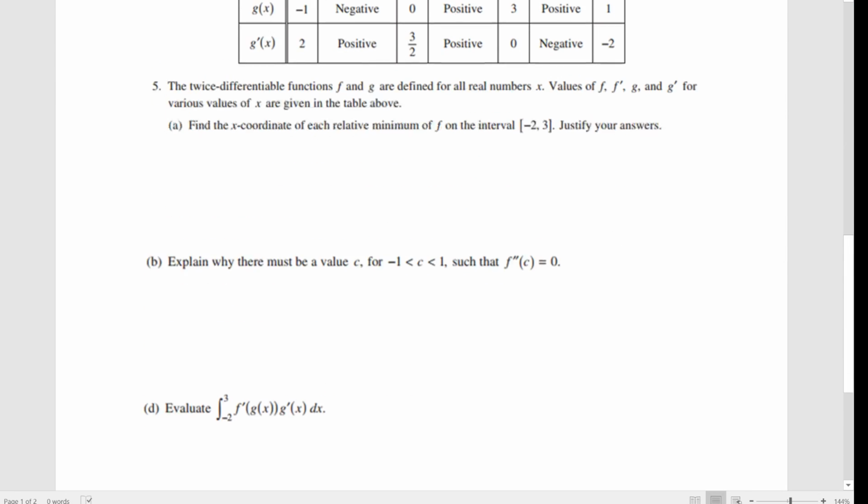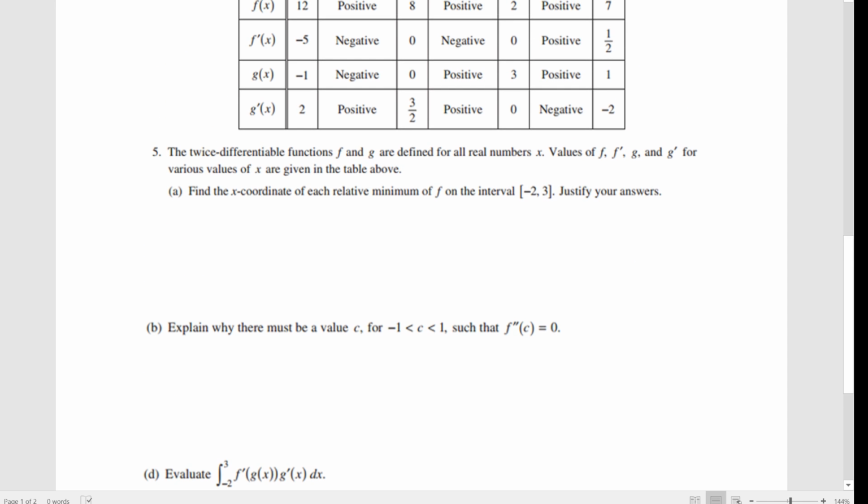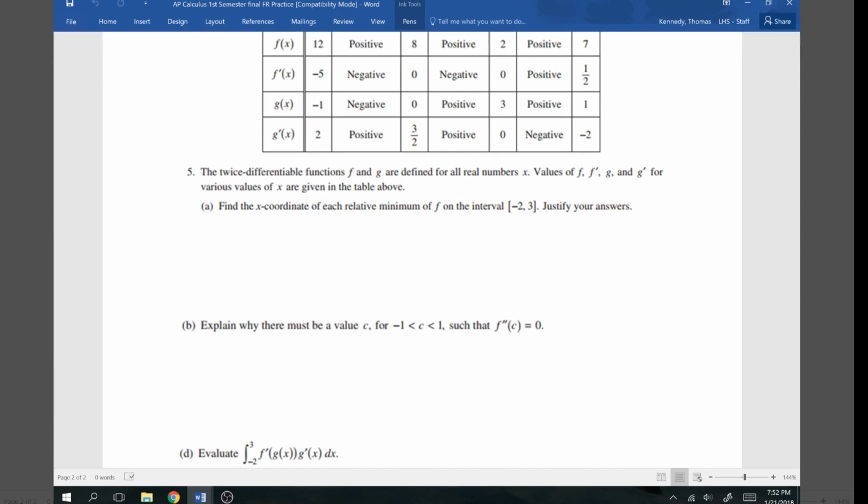All right, next one. Explain why there must be a value, c, between -1 and 1 where the second derivative equals 0. What I did for this was graph the derivative. So this is like quiz 17. Here's my graph of the derivative.